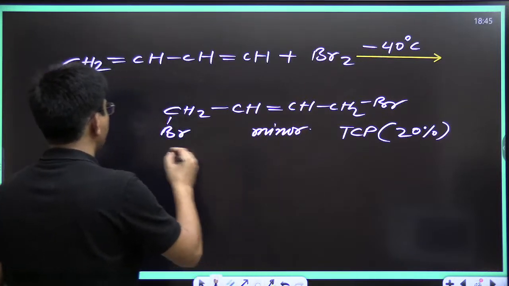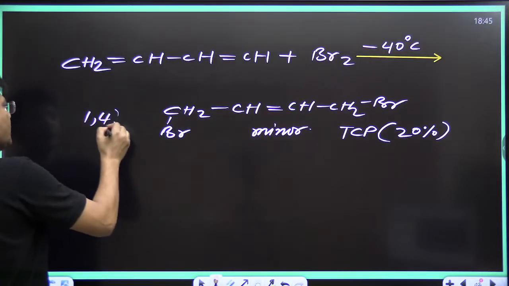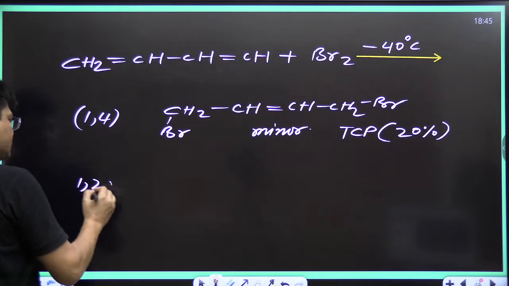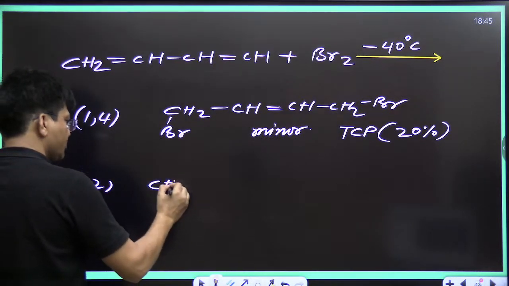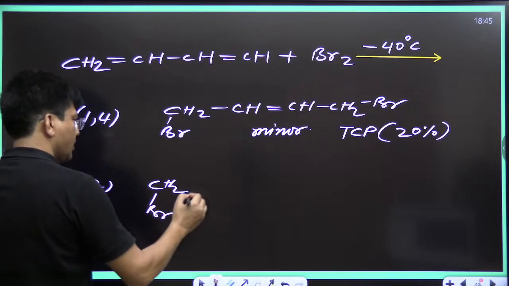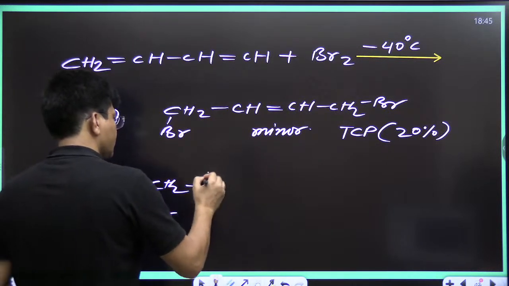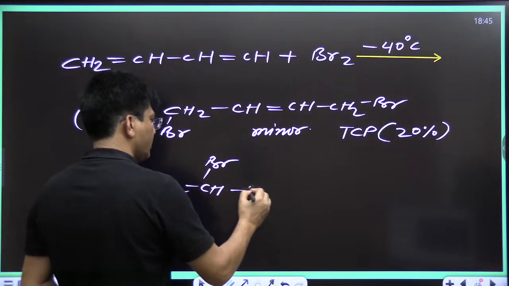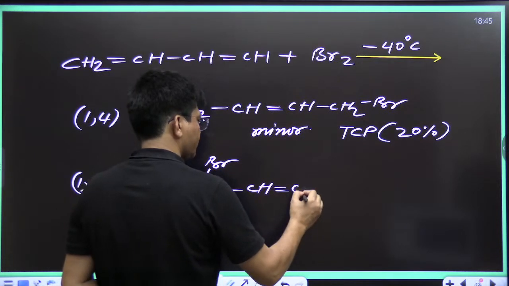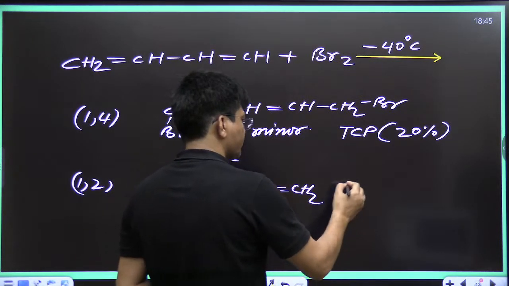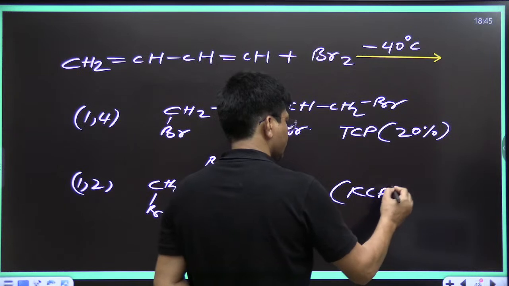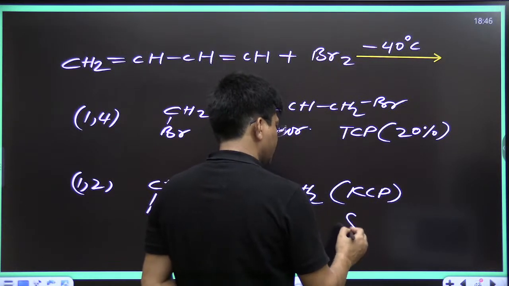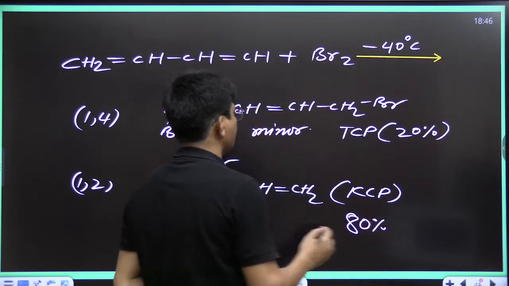This 1,4 addition product is going to be the minor, and the 1,2 addition product will be the major one. Now my dear students, a number of questions arise: why and how has it happened like this? This is going to form 80%.